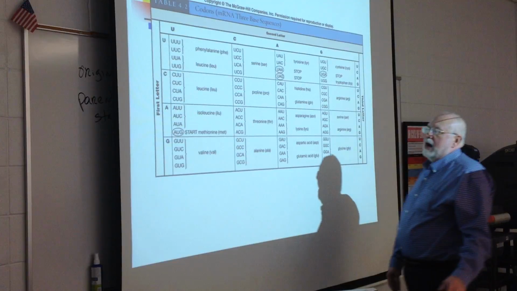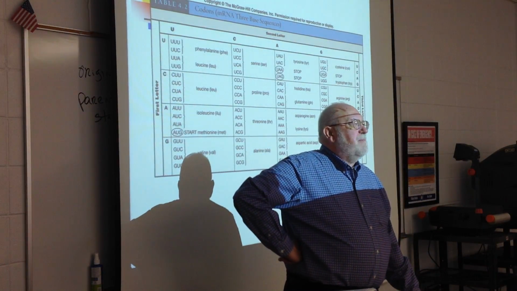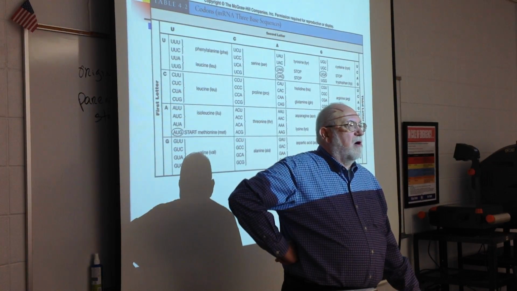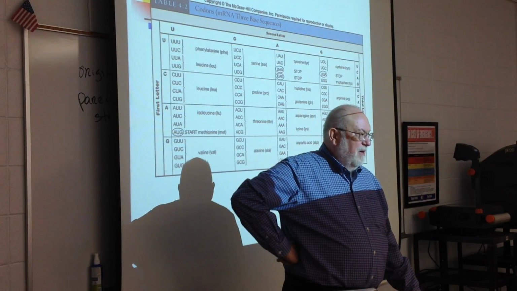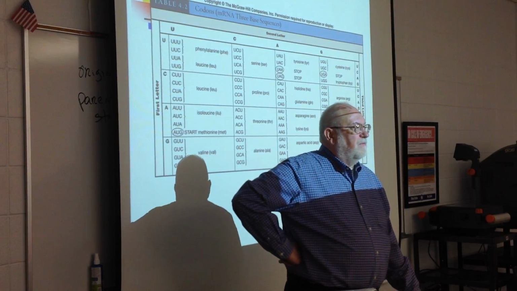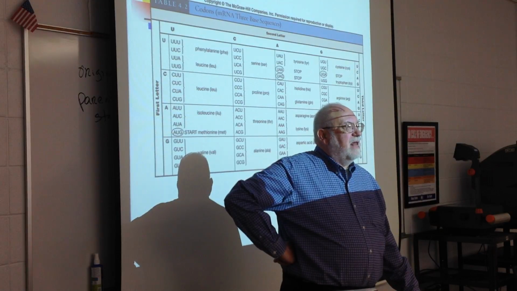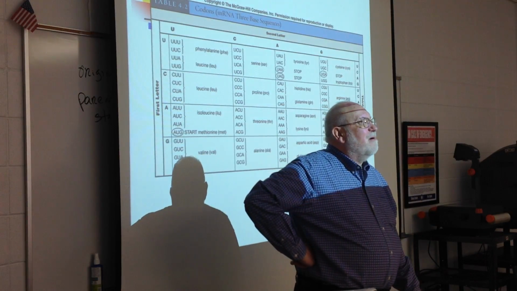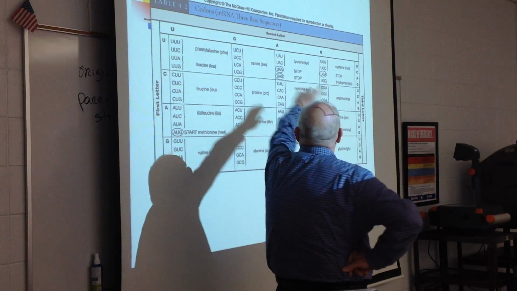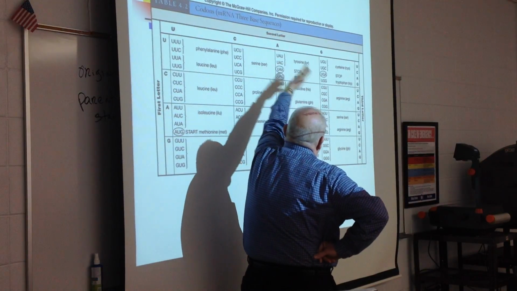On the messenger RNA, the messenger RNA is going to be read in a 3 base at a time sequence. And those 3 bases at a time are called codons. So codons are on the messenger RNA, and that's what you're reading off of this chart. Now, a codon is translated into an amino acid.